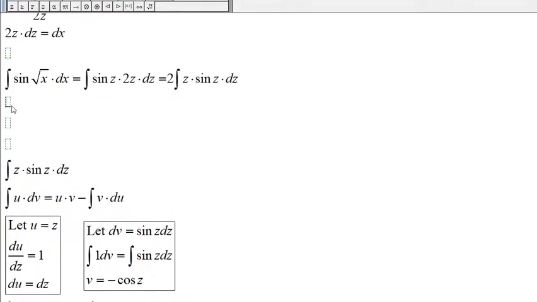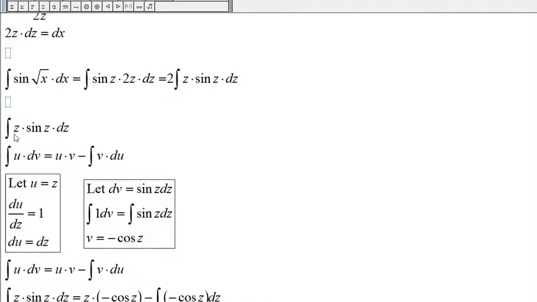And so now let's find the integral of z times sine of z dz. Let u be z, and then the rest, sine z dz, be dv. And then the derivative of u with respect to z, the derivative of z, is just 1.